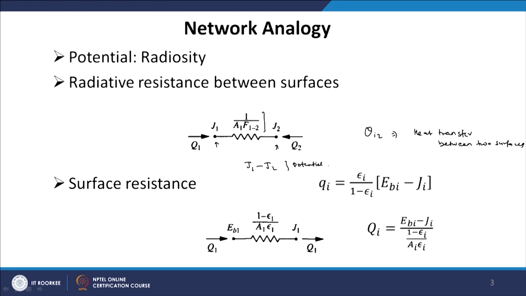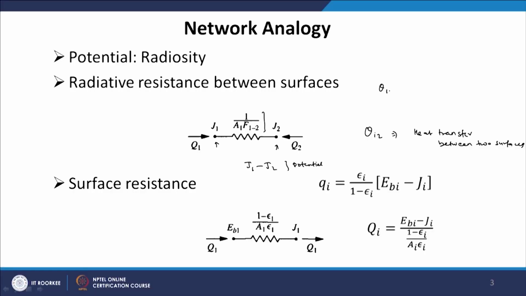So, what we have basically done is we have used the concept of electric networks to define this problem. So, we have the radiosities of the two surfaces as potentials. The difference between radiosities is the potential difference, and 1 upon A1 F12 is the radiative resistance.